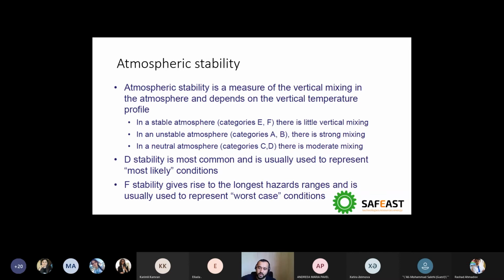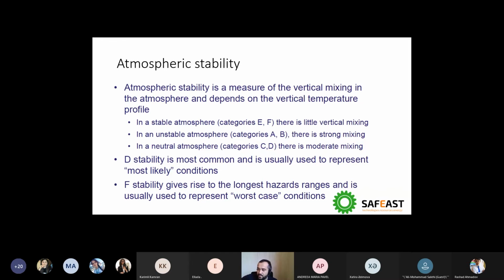For example, if you are at the same latitude throughout the world, you may have almost the same stability, but throughout the day you may get different stability. This atmospheric stability is marked from A to F: A, B, C, D, E, F.